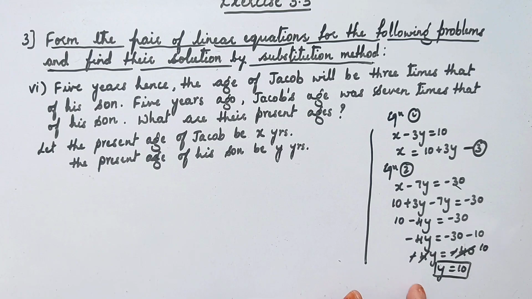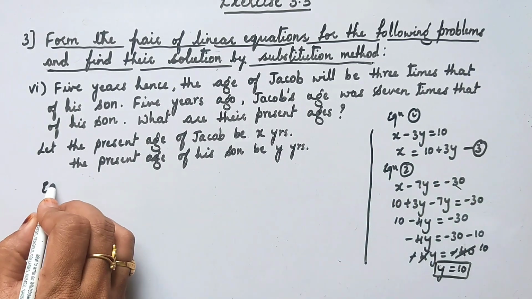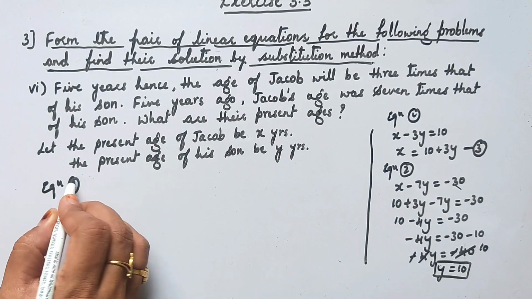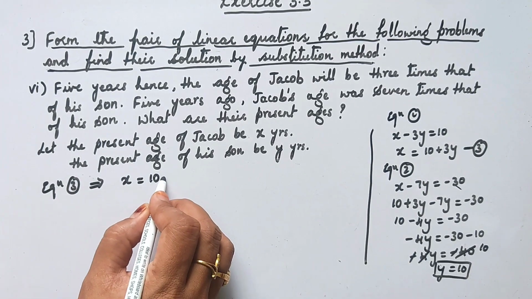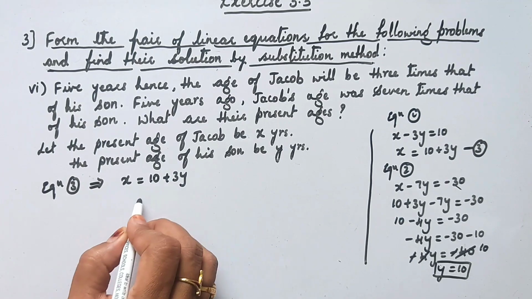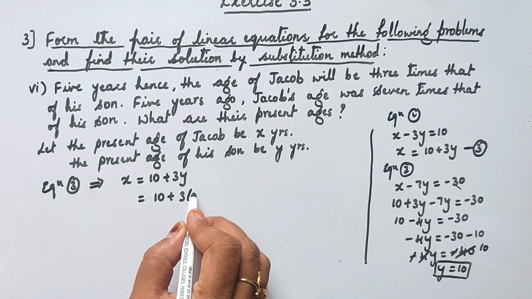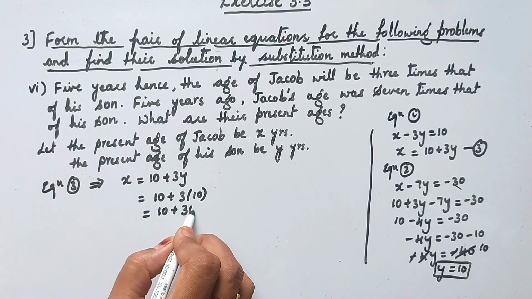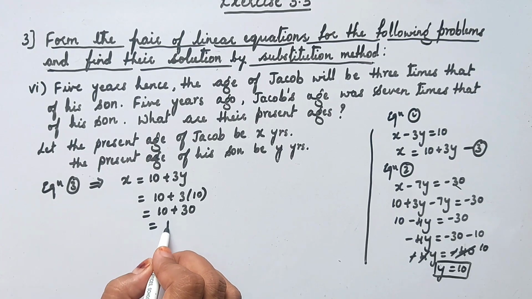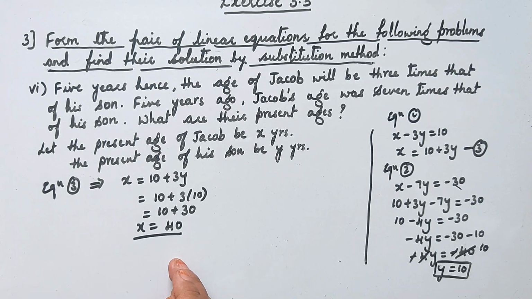So I'm going to substitute the value of y in equation 3. Equation 3 is x equal to 10 plus 3y, equal to 10 plus 3 into the y value, which is 10. 10 plus 3 tens are 30, equal to 30 plus 10 is 40. So x value is 40, students.